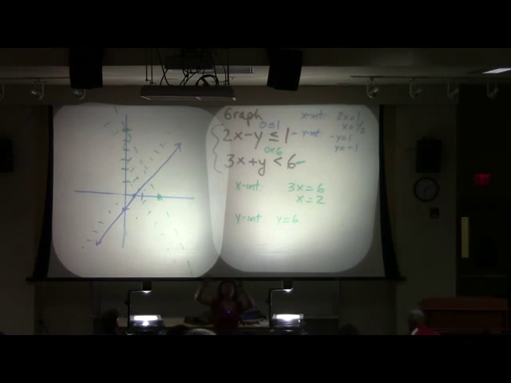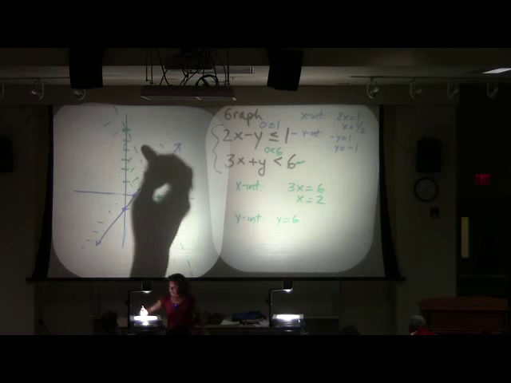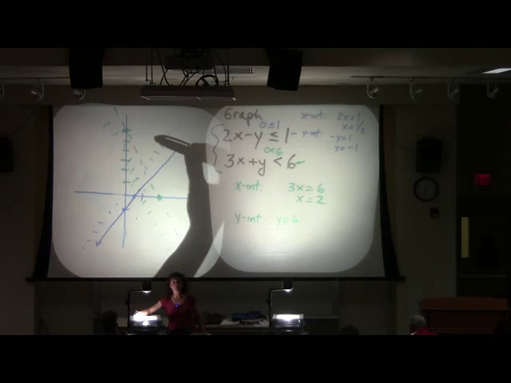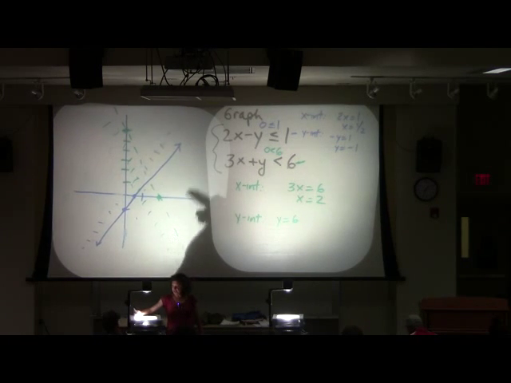Now, when you're solving this system, what you want to do is find a region that satisfies everybody. So specifically here, I'm asking where did I shade both blue and green? So, did I shade both blue and green up here? No, I only shaded blue right here. Did I shade both blue and green right here?